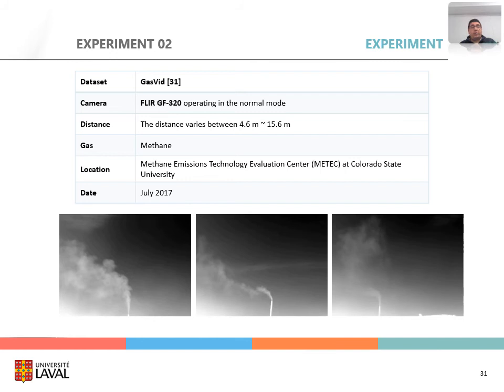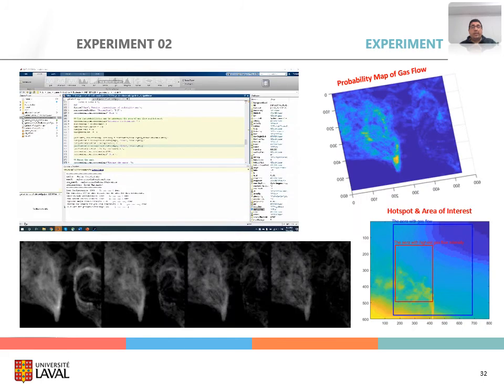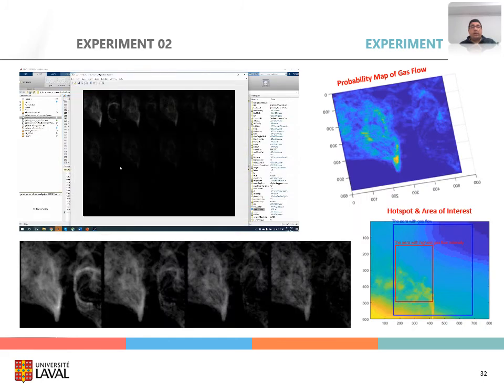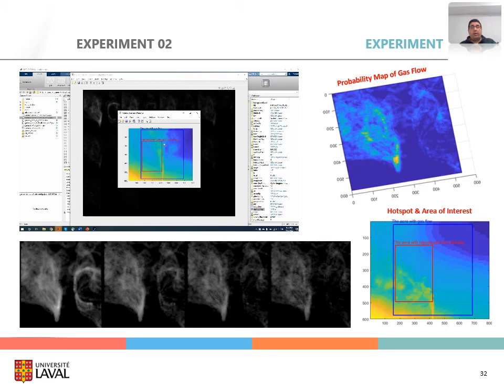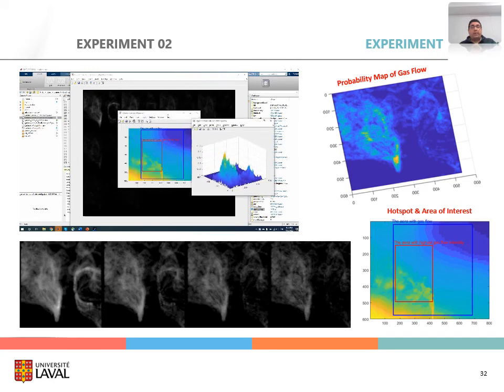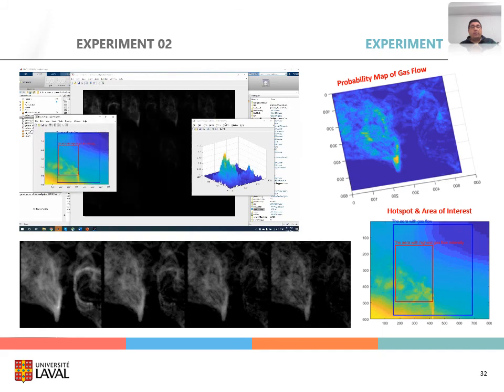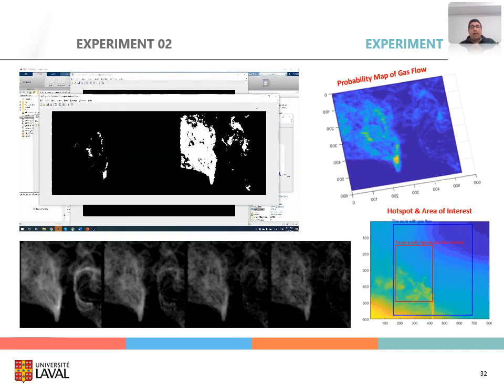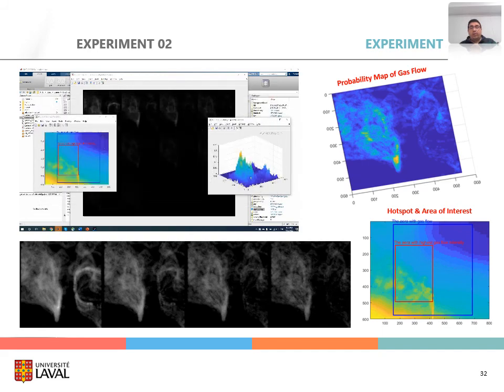The target gas was methane, and the location was the Methane Emissions Technology Evaluation Center at Colorado State University. You can see here the result of some samples showing how the algorithm behaved using this data.